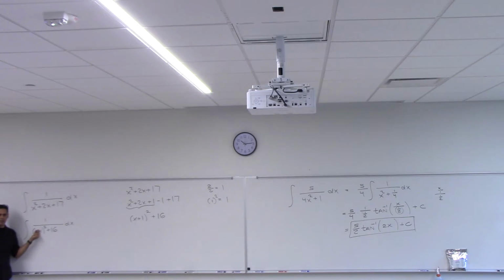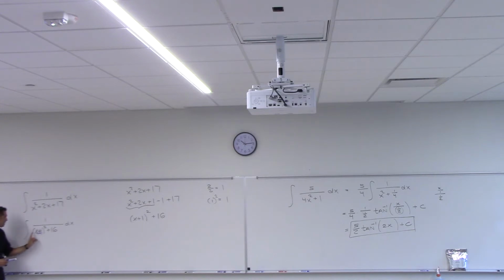You can use the formula 17, right? So we all have to see at this point right here that this is linear in here. You see that? And so if I call this u, do you all see that this is 1 over u squared plus a squared? The only thing I'd have to be worried about is if possibly there was a number in front of this x, like maybe if there was a 3 in front of that x, we would have to scale by 1/3.